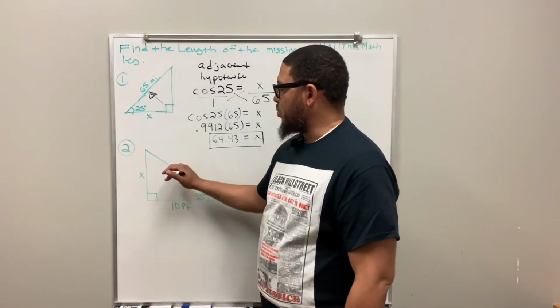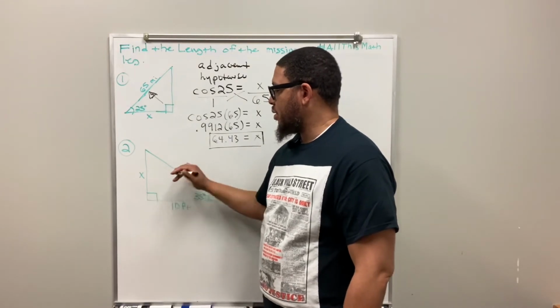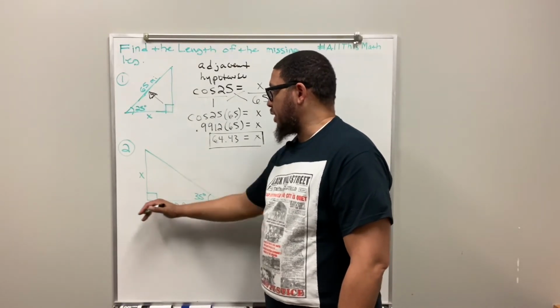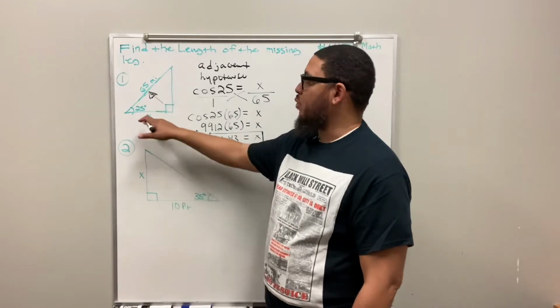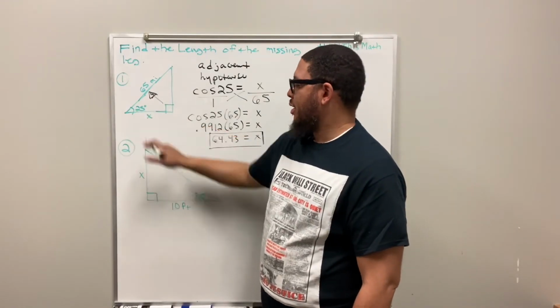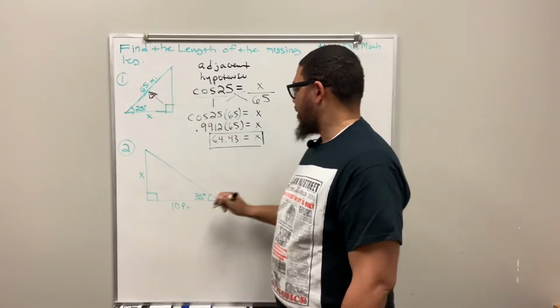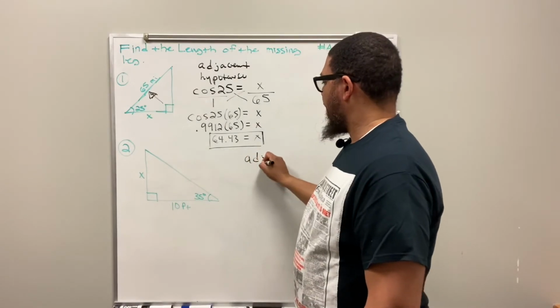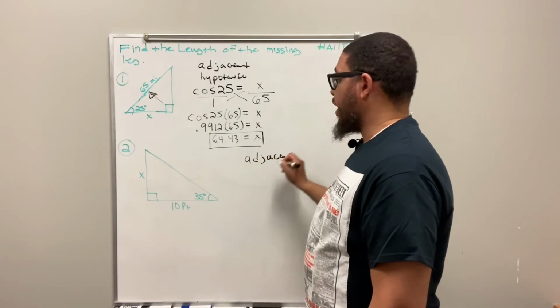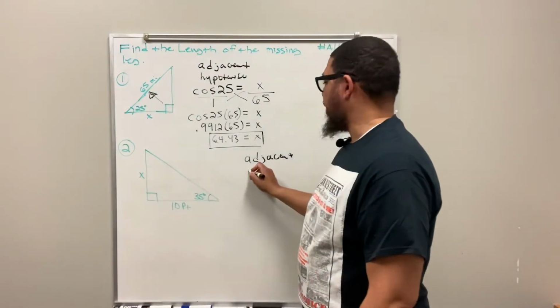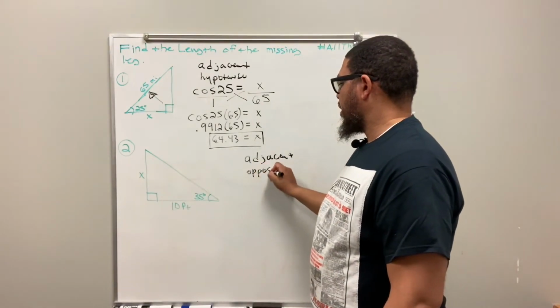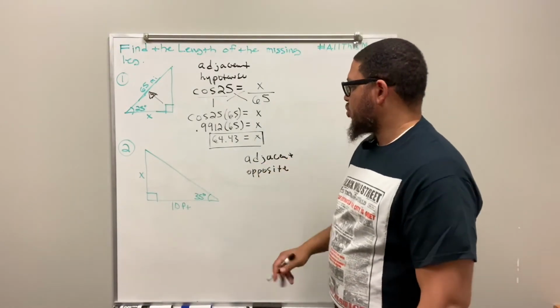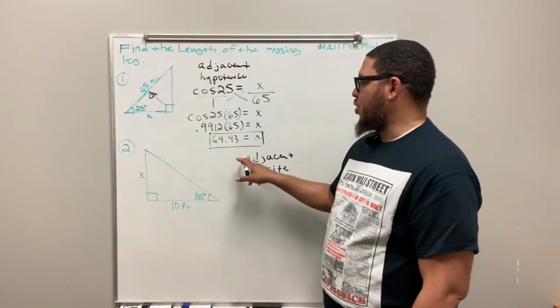Just like the hypotenuse is across from the right angle. And I know the adjacent leg. Just like in the last problem, we were looking for the adjacent leg. I know the adjacent leg, and I'm looking for the opposite leg.